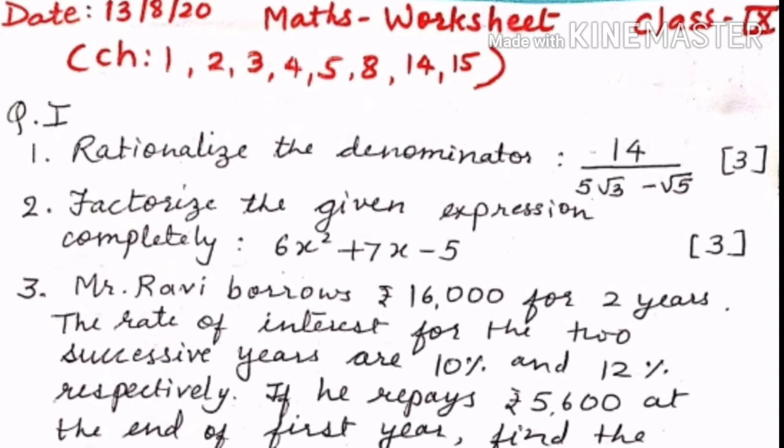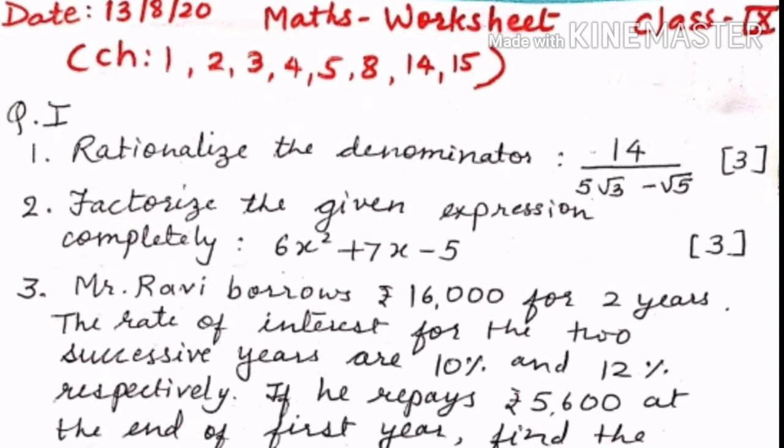So students, first of all you have to take the rationalizing factor, that is root 3 plus root 5, which you will multiply upside down with the given fraction, and then you have to take a plus b, a minus b type of identity in the denominator, and rationalize the denominator using that method.